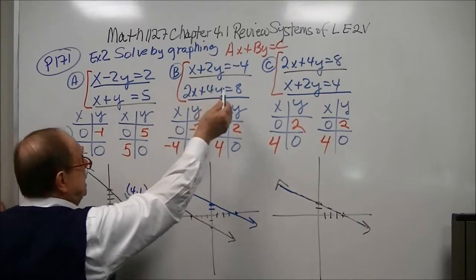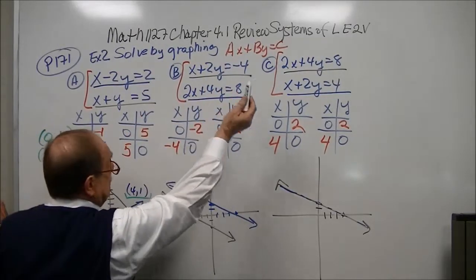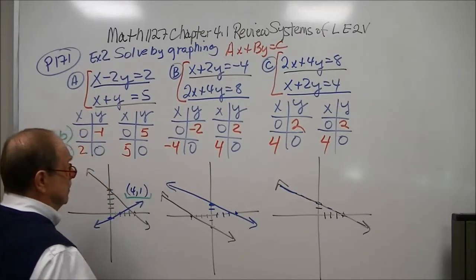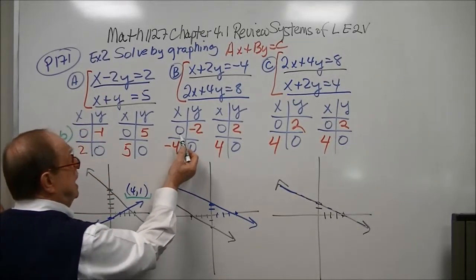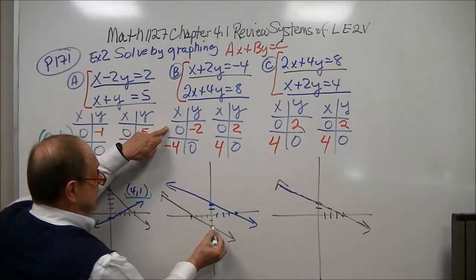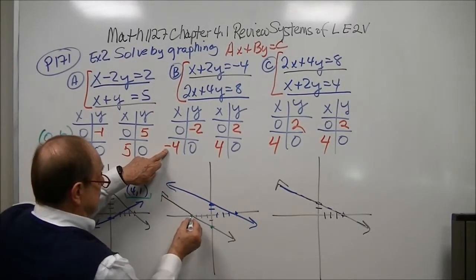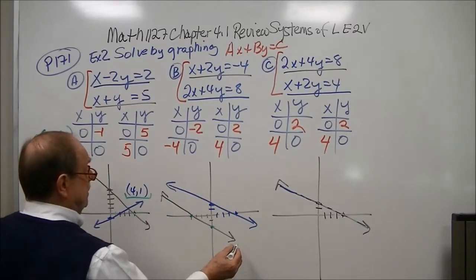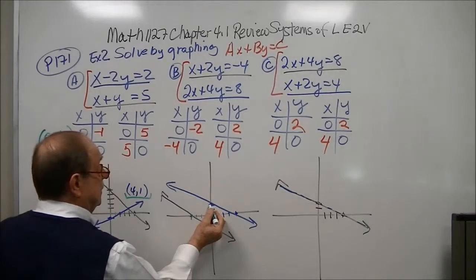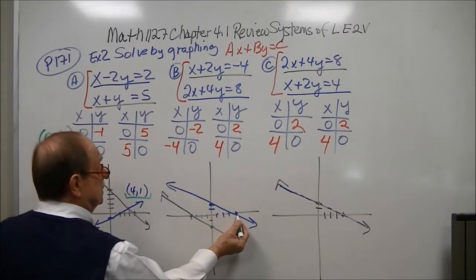Now in letter B, again, as you look at them, they look like different equations. They are different equations. And when we plot the x and y intercepts, we get (0, -2), which is right there, and then (-4, 0), and we draw that line. And then here we have (0, 2), which is right there, and then (4, 0).